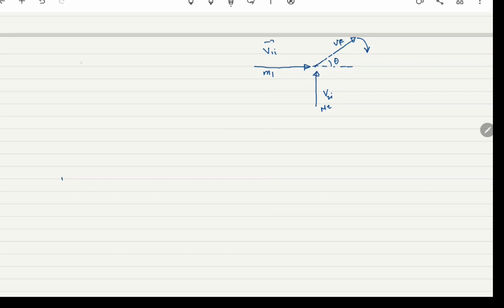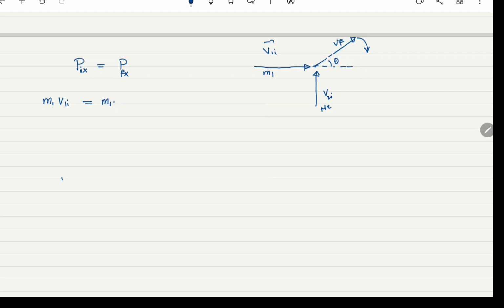In this case, momentum on x is conserved. On x we only have m1 v1 initial, and on the other side, after the collision, we have the x component of v final.